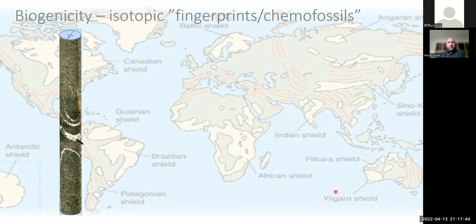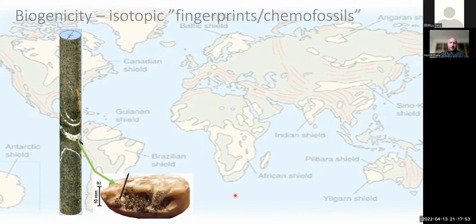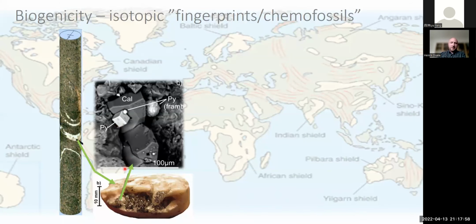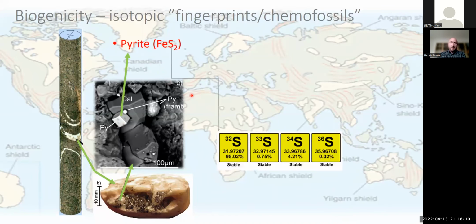What I've used the most is actually isotopic fingerprints, or some call them chemofossils. And these are, as I showed earlier, these kinds of crystals, and we handpick them from these voids or from these veins. What we are mostly looking for is pyrite, that has iron and sulfur, of course, and they have different stable isotopes that we are interested in, 34 and 32, mainly in these systems.